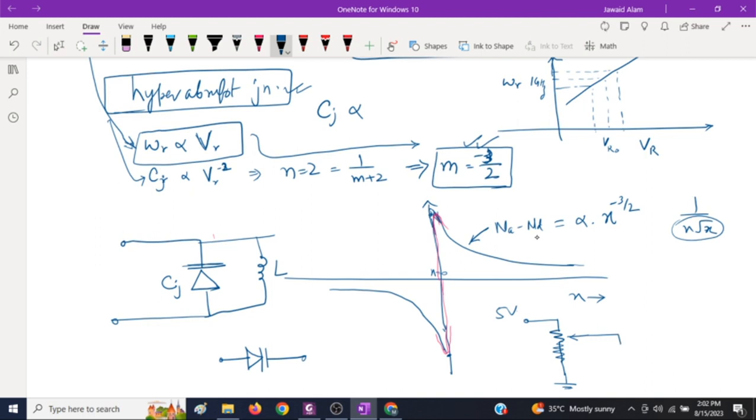Just by using a potentiometer, with the knob, this position can be changed up or down, and the applied voltage can vary from 0 to 5 volts. So this will work as a capacitor. Now this element can be used anywhere in your circuit. So this is the variable capacitor.